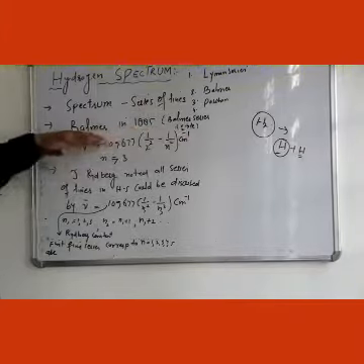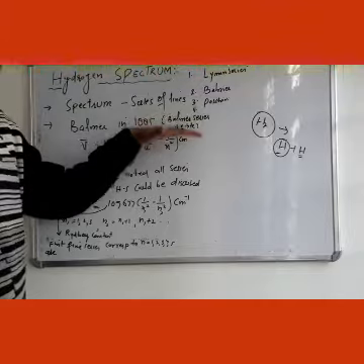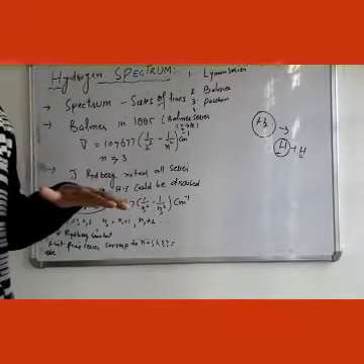This series of lines which obey this formula is known after him as the Balmer series.